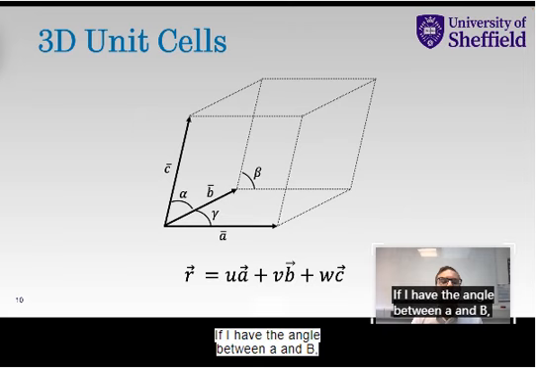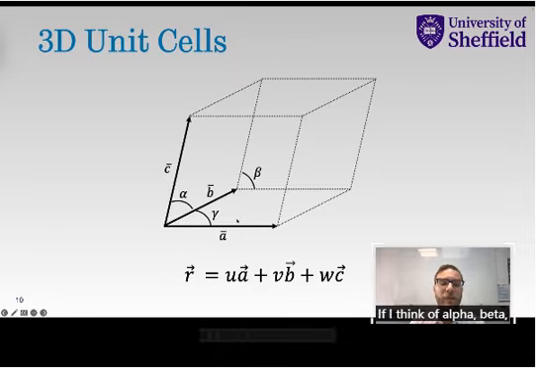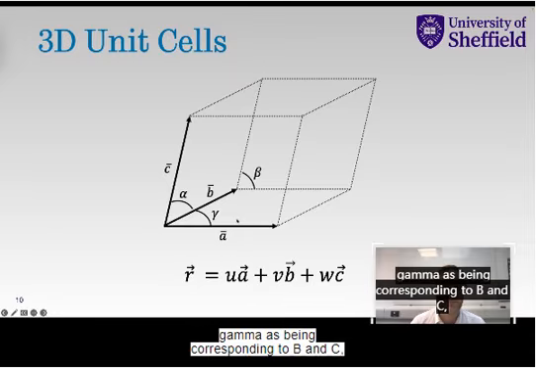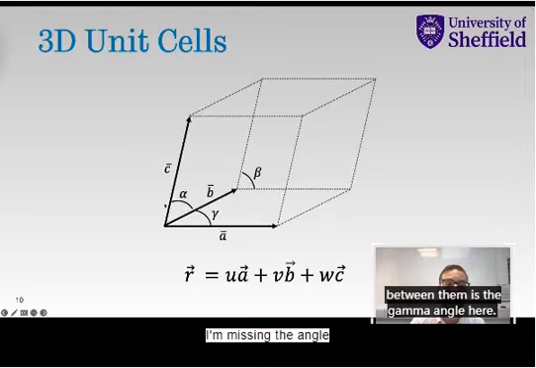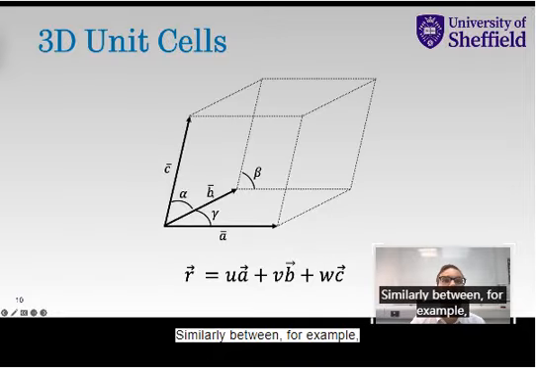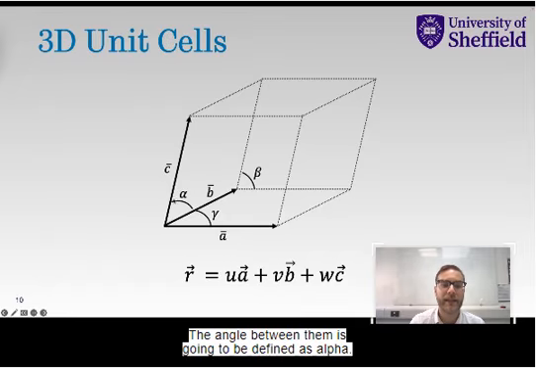So if I have the angle between A and B, for example, the missing vector in that set would be the C vector. And so if I think of alpha, beta, gamma as corresponding to A, B and C, I'm missing C, so the angle between them is the gamma angle here. Similarly, between, for example, vectors B and C, the missing vector in that set is the A vector, and so the angle between them is going to be defined as alpha.